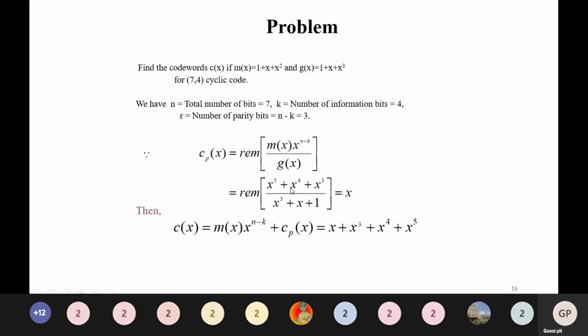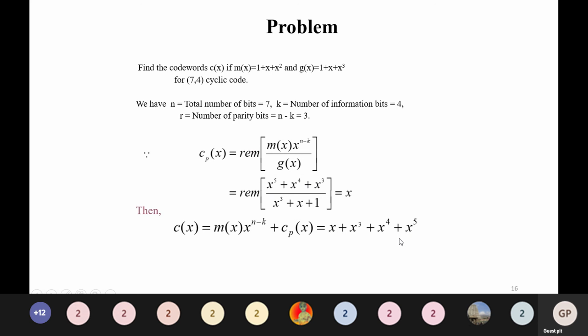The divisor is this and you have the dividend, and then you can calculate the remainder. So this is the corresponding code word which you have obtained: x plus x power 3 plus x power 4 plus x power 5.